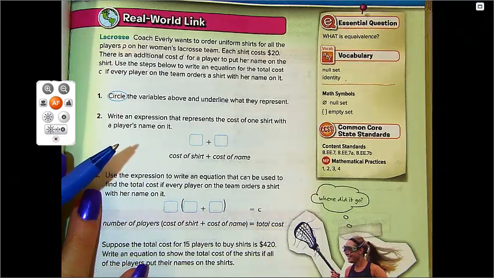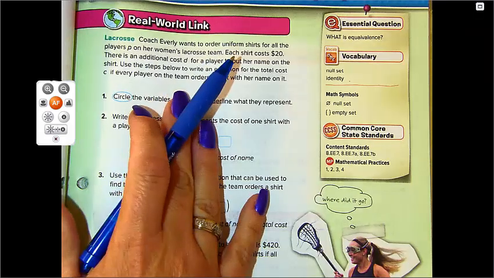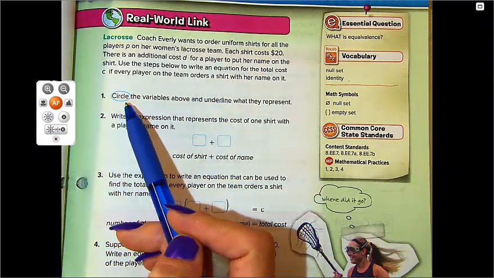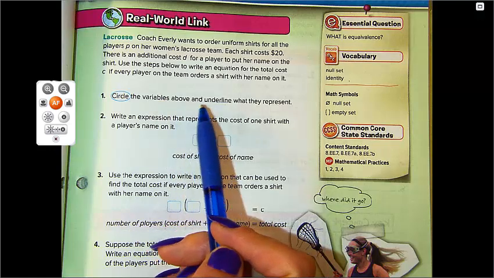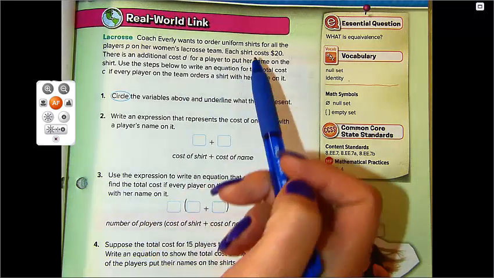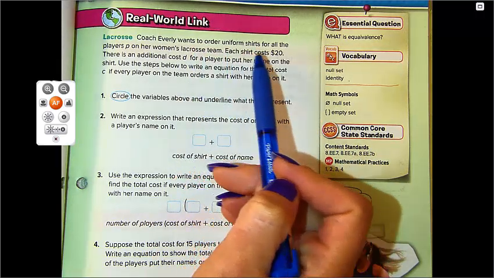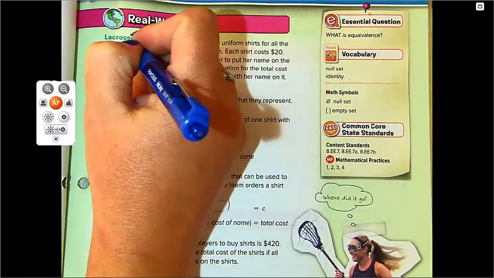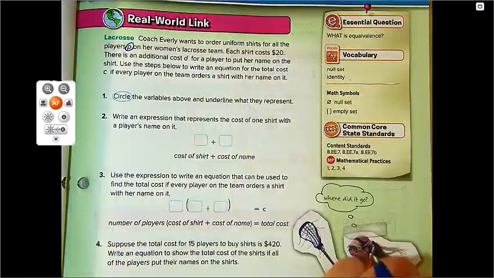And if we look at this, the first question says circle the variables above and underline what they represent. So we're looking for letters by themselves. Well, if I look through this, the first letter that I come to is P. So I'm going to circle that variable. And then what does it mean?